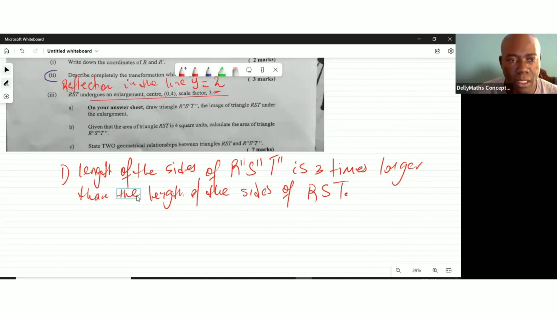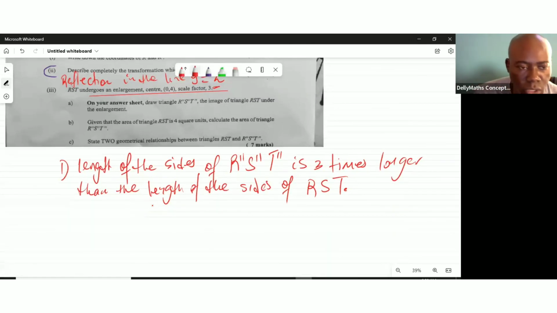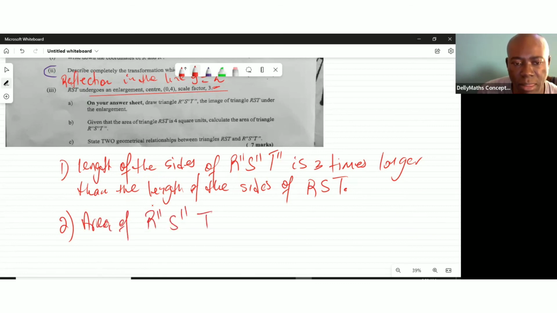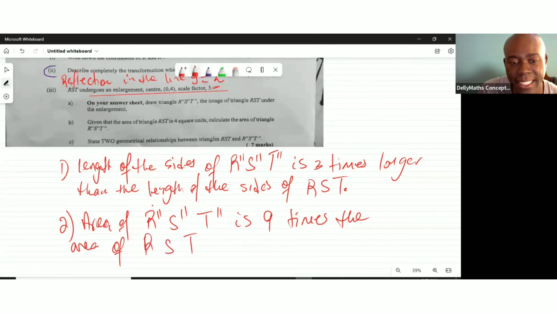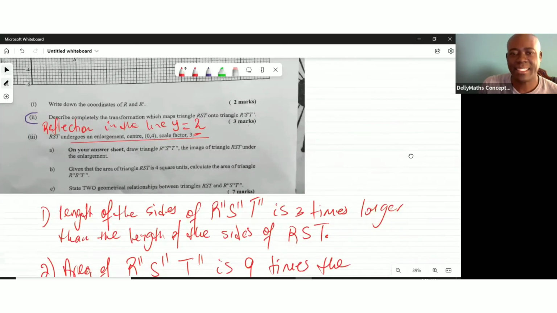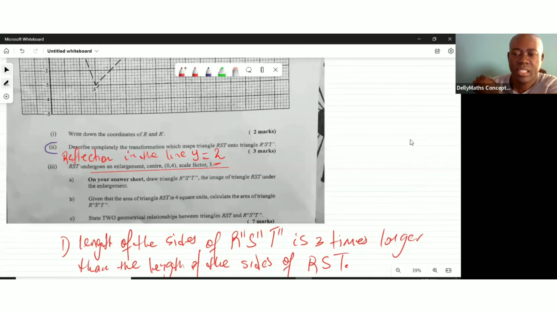The second one, we could use area. We could simply say the area of R double prime, S double prime, T double prime is 9 times the area of RST. So we could just use those ideas and walk ourselves out of that.